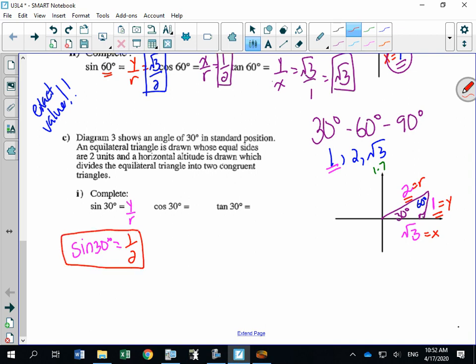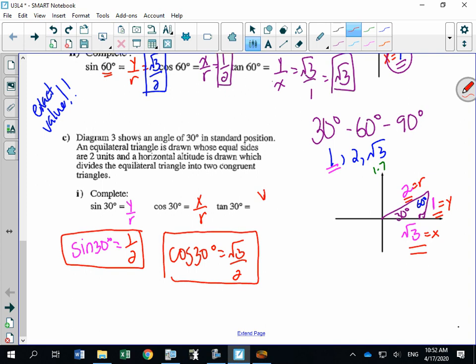That's the sine of 30 degrees. Cos of 30 degrees is x over r, which would be root 3 over 2. And the tan of 30 degrees is y over x, which would be 1 over root 3.